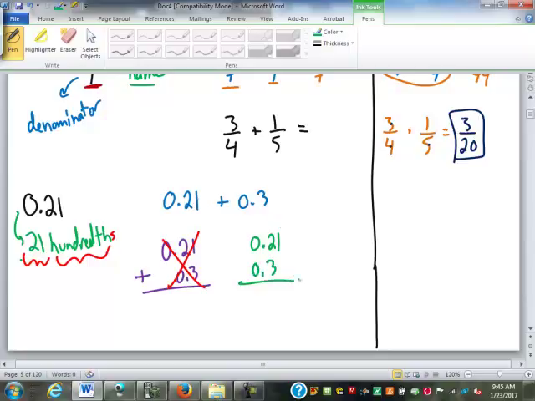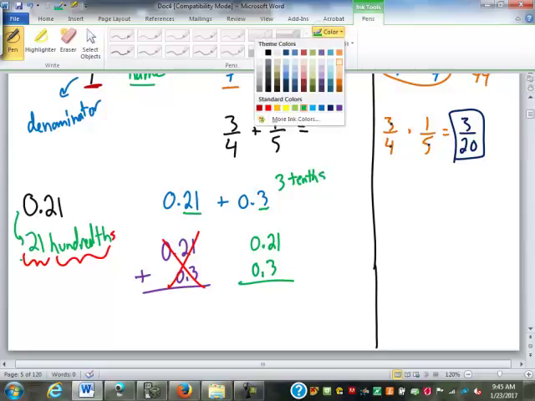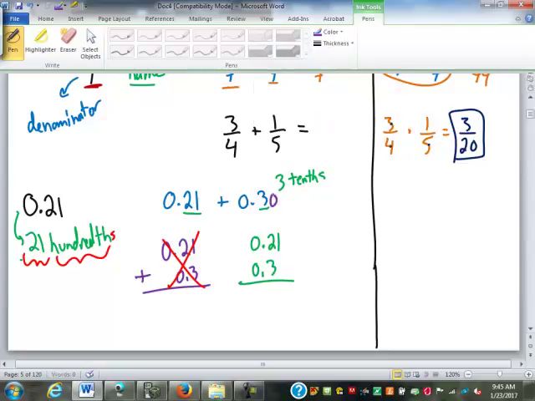And the reason we're doing that is because of the names. This is 21 hundredths. This is 3 tenths. Right now they have different names. Fortunately, we just put that 0 on there. Now they do have the same name, and the decimal points naturally line up. So when we're lining up those decimal points, all we're doing is making sure they have the same name.